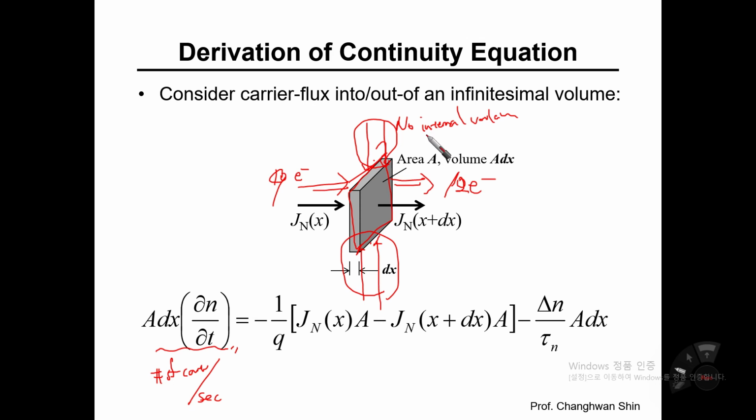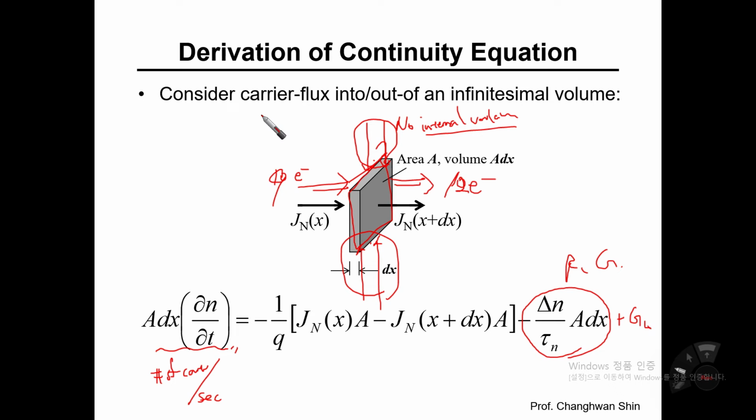Yes, some internal variation would have happened. So in this silicon material, what kind of specific internal events would happen? With the things that you have learned, it is recombination and generation, right? So the second term on the right hand side indicates recombination.